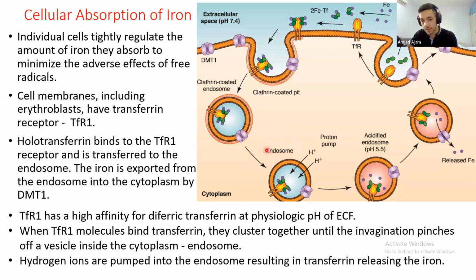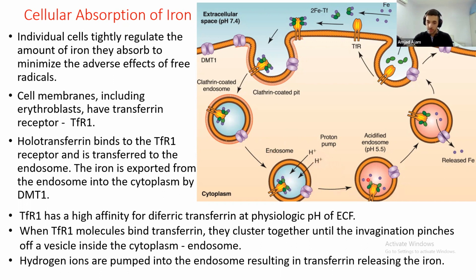Okay, what's the next step? Next step is that you have hydrogen, H+. It will go to the endosome, and then it will separate the iron from the transferrin, right here. So the hydrogen is pumped into the endosome.